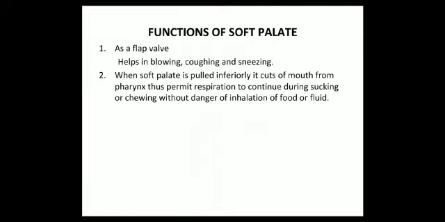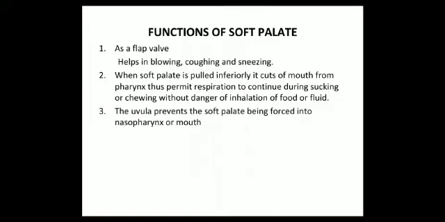Functions of the soft palate: it acts as a flap valve and helps in blowing, coughing and sneezing. When the soft palate is pulled inferiorly, it cuts off the mouth from the pharynx. Thus, it permits respiration to continue during sucking or chewing without danger of inhalation of the food or the fluid.